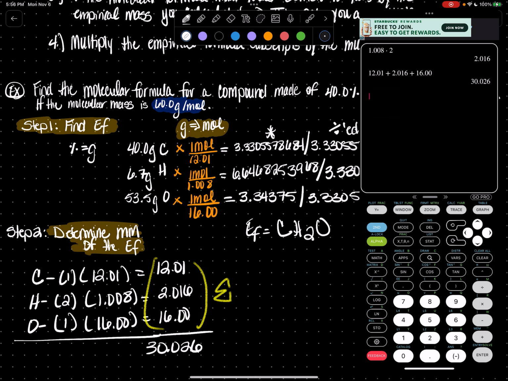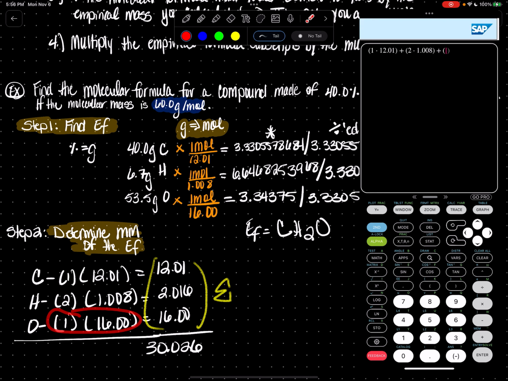Now, if doing things stepwise like this isn't your jam and you need to save yourself a couple seconds on the computation, parentheses are your friends here. If in parentheses I do my multiplication, and do my addition on the outside like I'm supposed to, 2 times 1.008, you see how I'm setting it up here where I have my multiplications happening inside a parentheses set, and then I'm adding in between like I normally do stepwise.